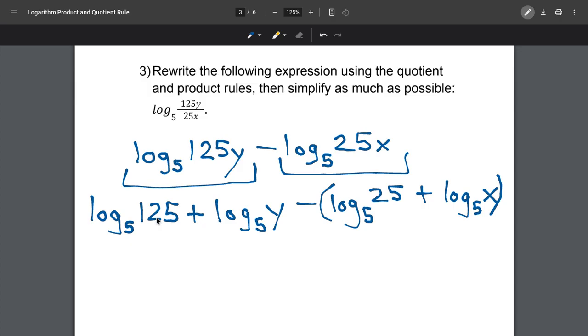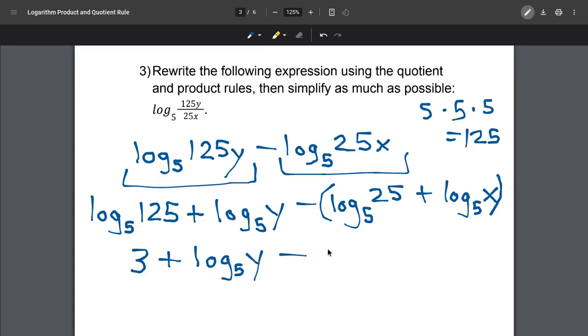Okay, so log base 5 of 125, it's saying 5 to what power equals 125? Well, 5 to the third power equals 125 because 5 times 5 times 5 equals 125. Okay, so that's 3. Can't do anything with log 5 of y, so I'll just say plus log base 5 of y. Okay, minus here.